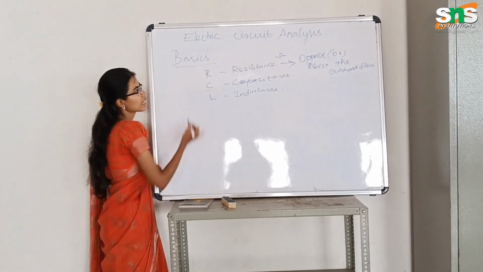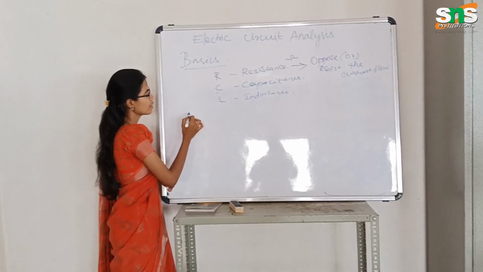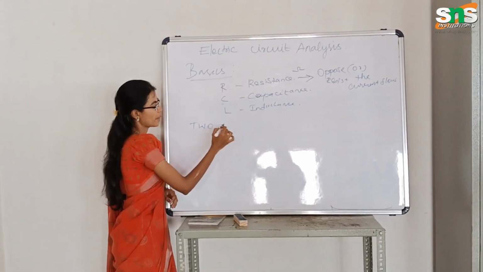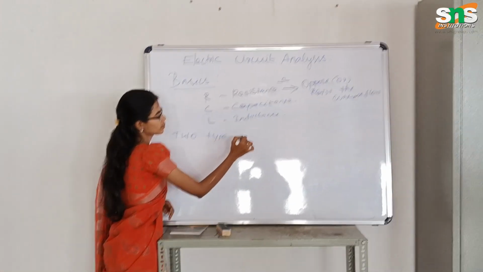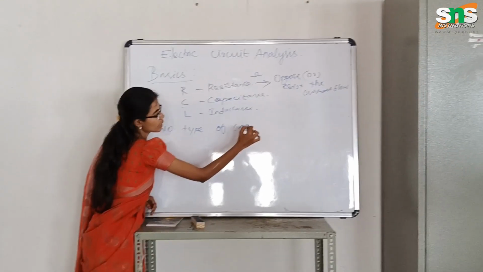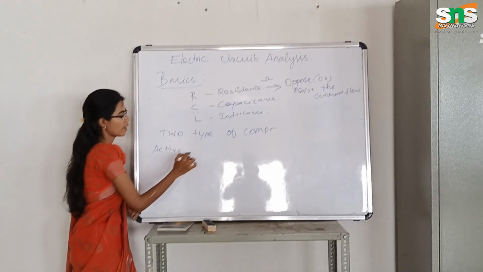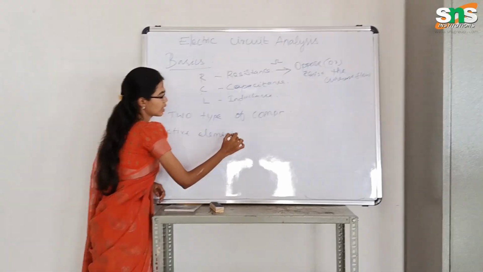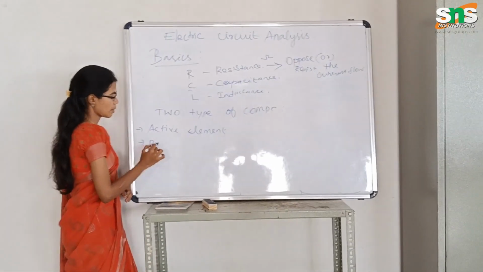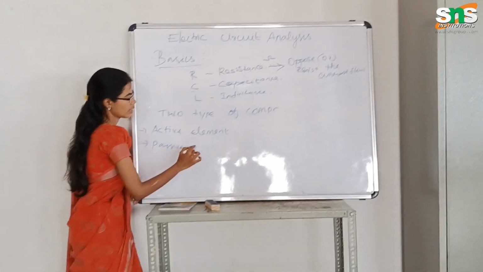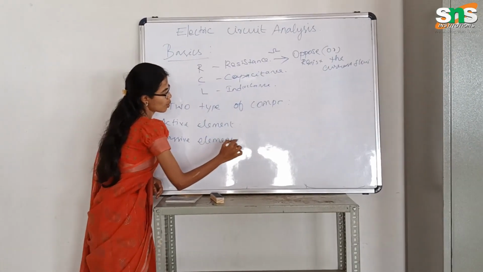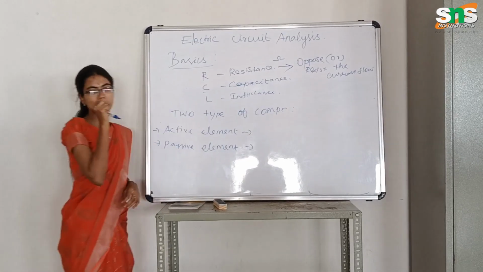In basic electric circuit analysis, we have two types of components: active elements and passive elements. What is meant by an active element and a passive element?